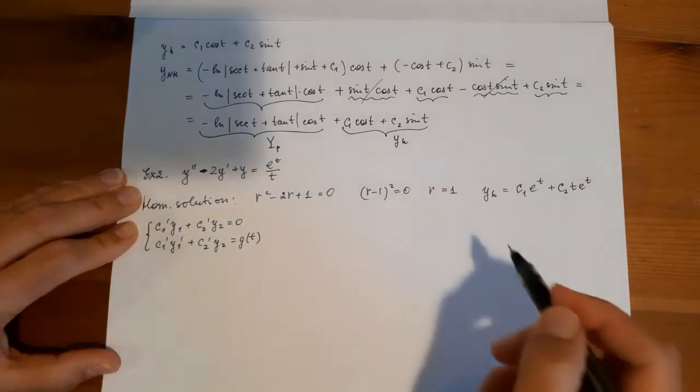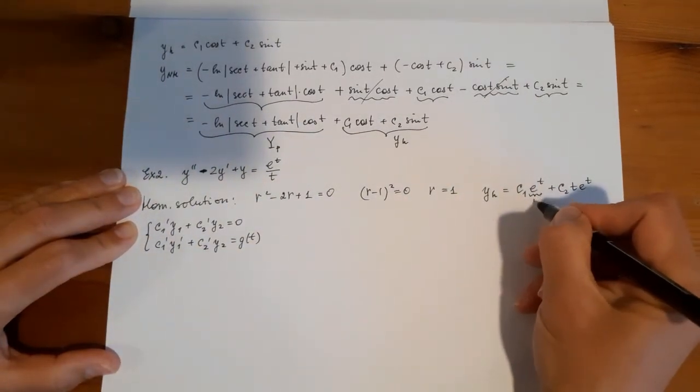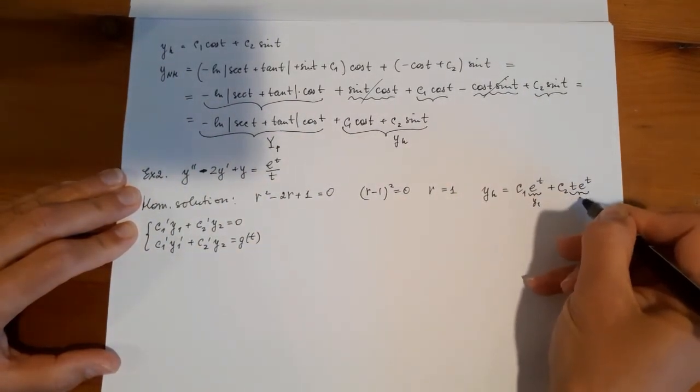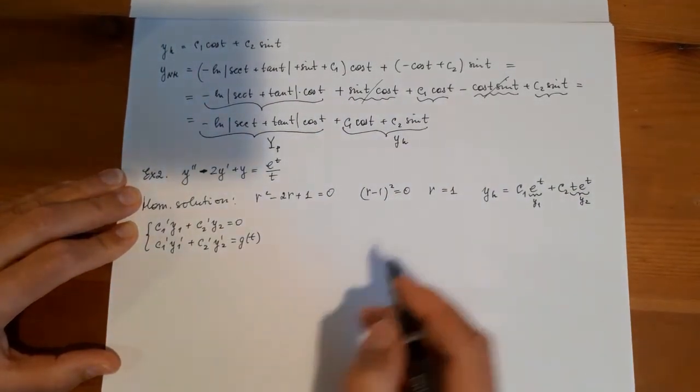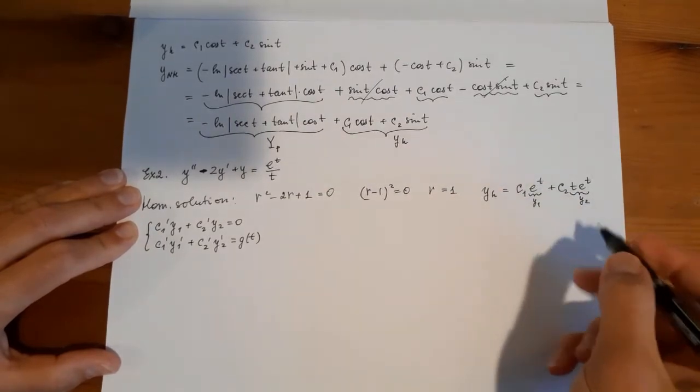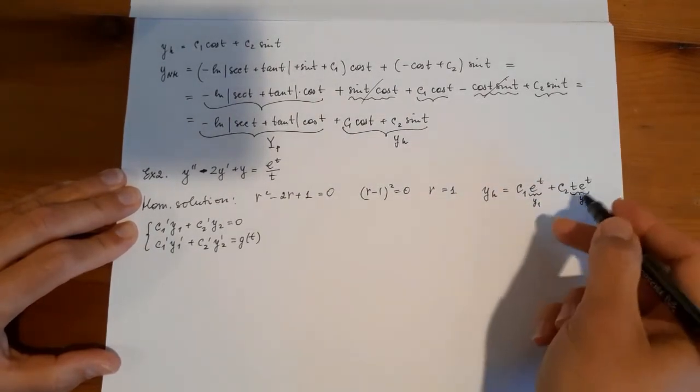we can label this as y1, and this is y2. Sorry, forgot the derivative here. Let's differentiate y2, because y1 is easy to differentiate, but y2 is a product, right?